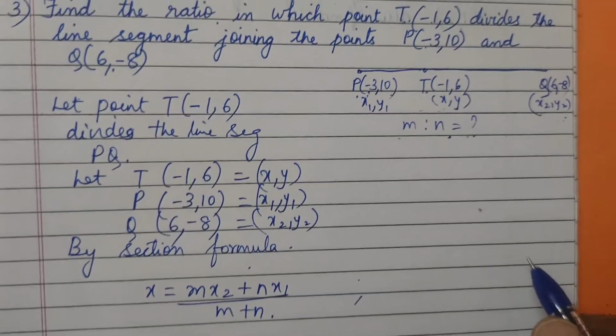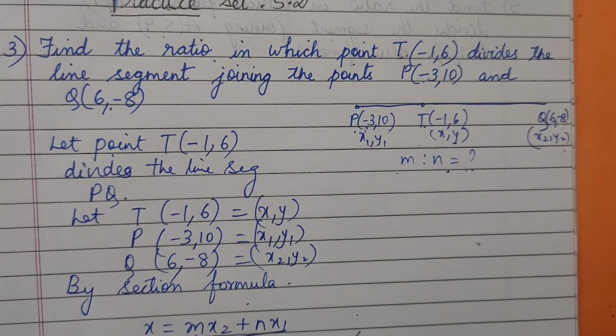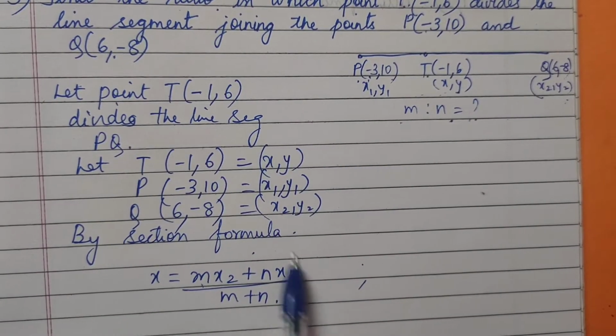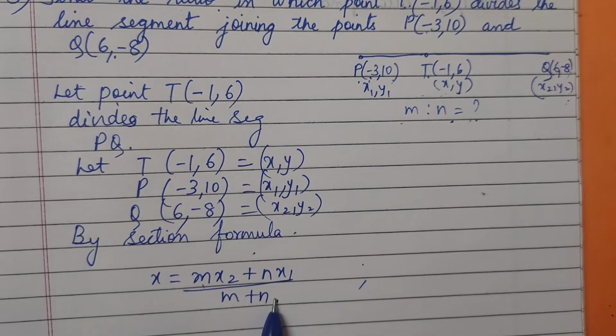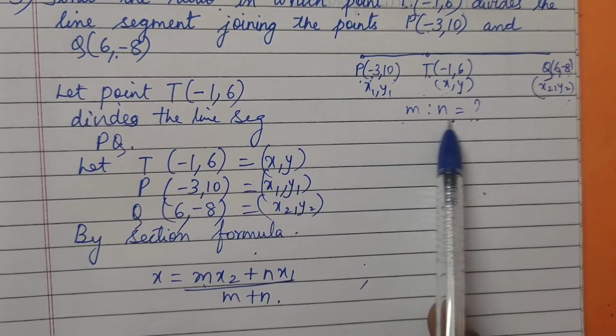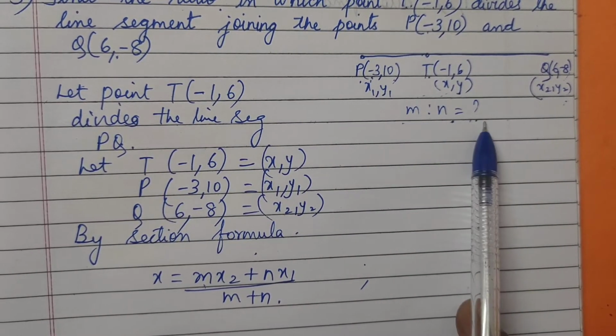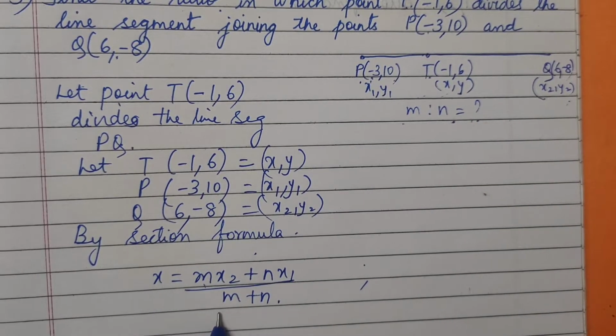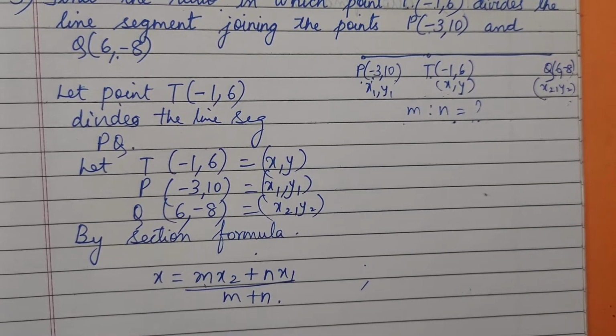But here we want to find m and n only, so one coordinate is enough for us. We need not do the other part. Once again, we have to find m and n, so only one formula is enough.